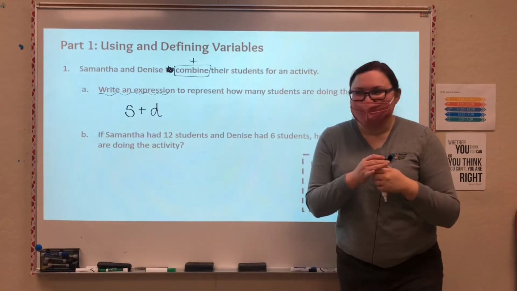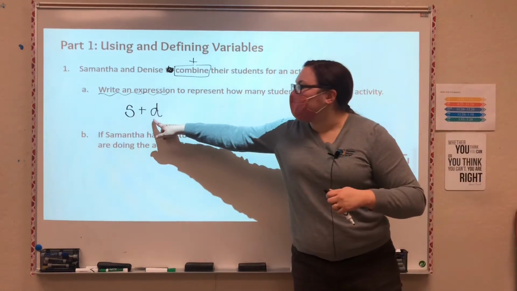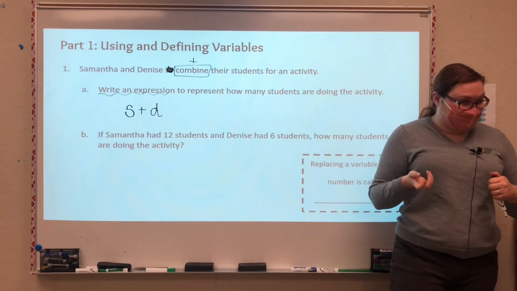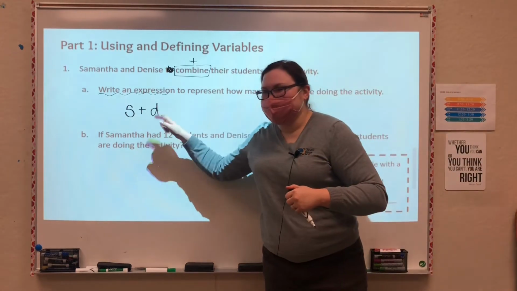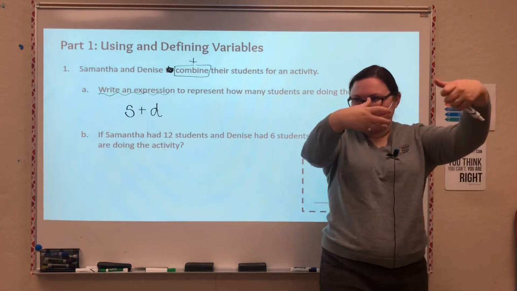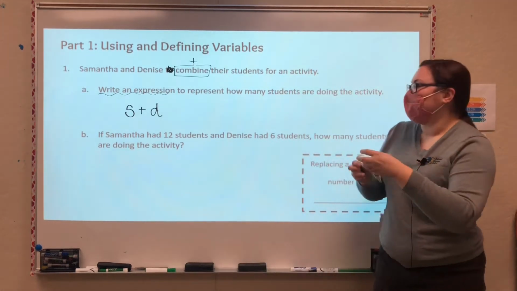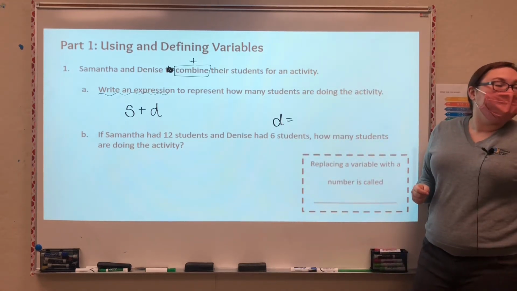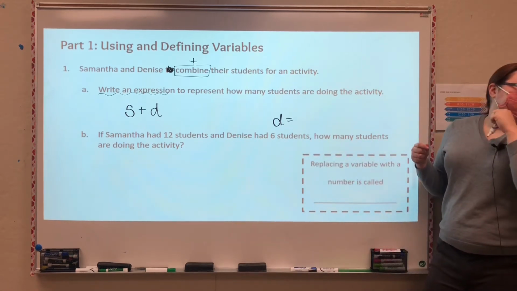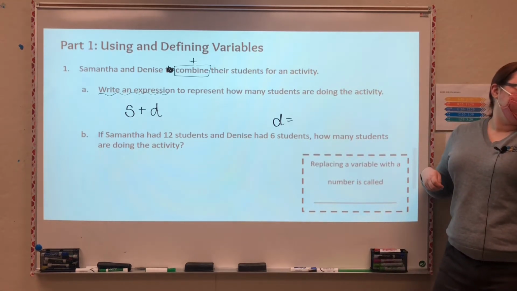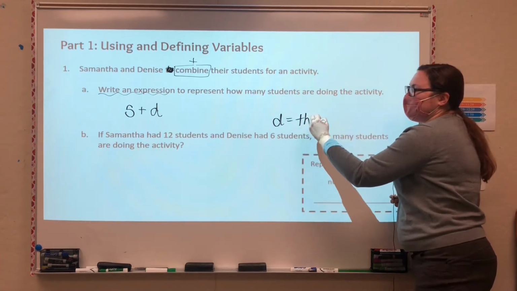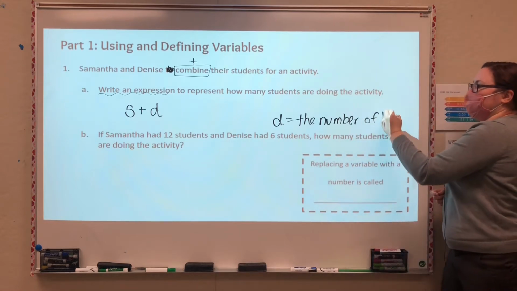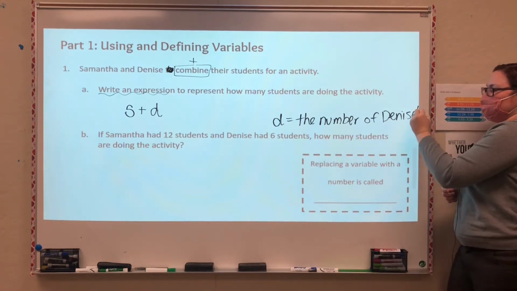So what we're running into right there is the second part of this. When you're using variables, you have to tell me what they represent. And when you do it, you want to be specific. So we don't want to just say S is Samantha, D is Denise, because you're not adding my body with Denise's body, right? You're adding the number of Denise's students.